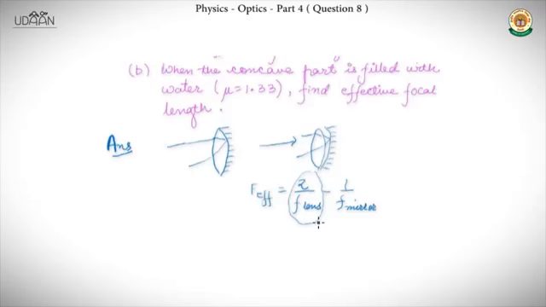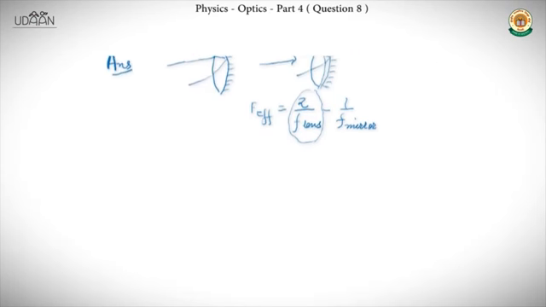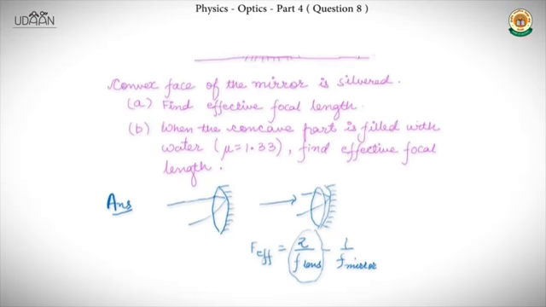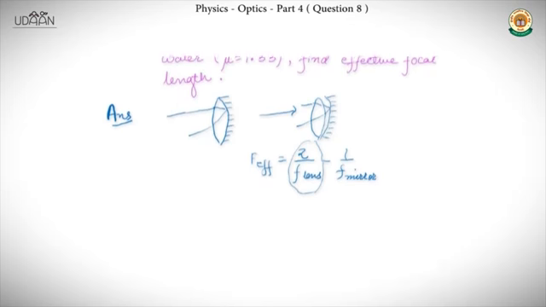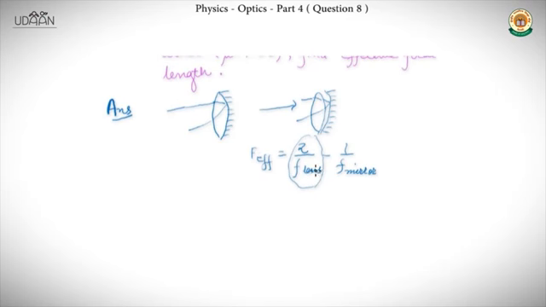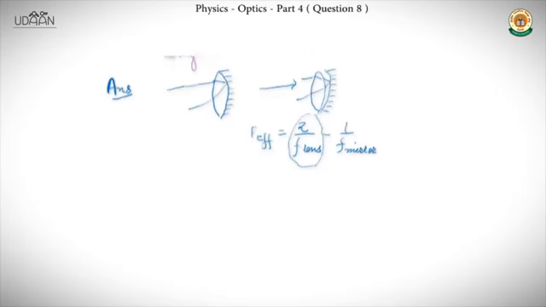So it's basically like placing the same concave lens two times, and the focal length of the mirror is subtracted because it's changing the direction, and the focal length of this mirror is in the opposite direction of the incident light. Now, since the formula is known, we will just use the lens maker formula to calculate the focal length of the lens, and then we will apply this formula to calculate the effective focal length of the combination.